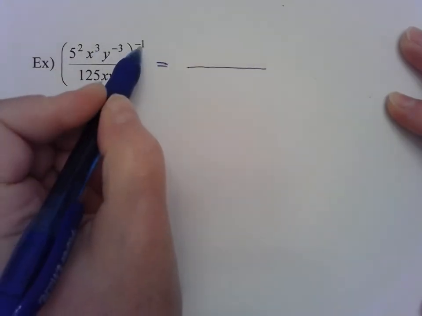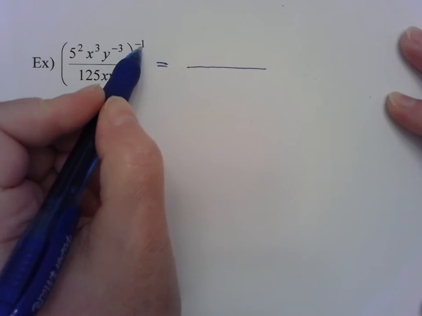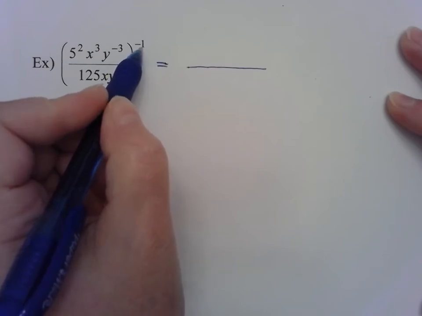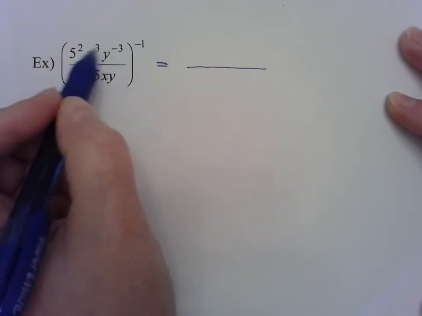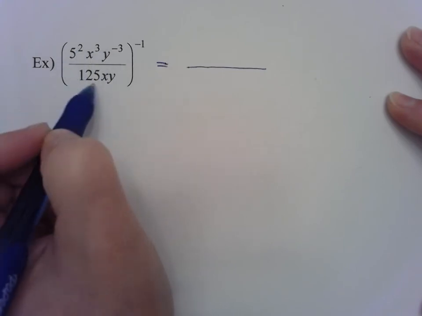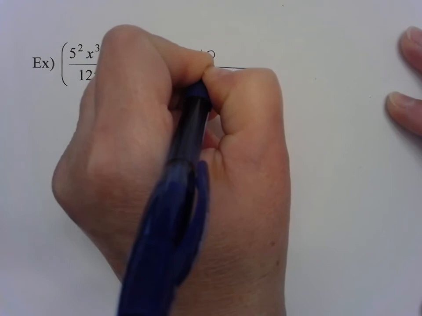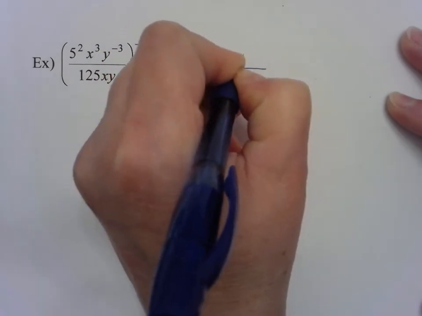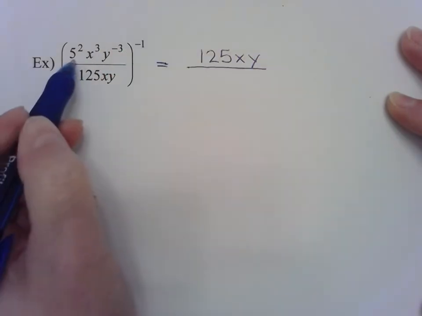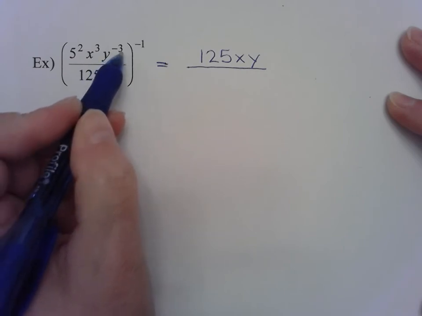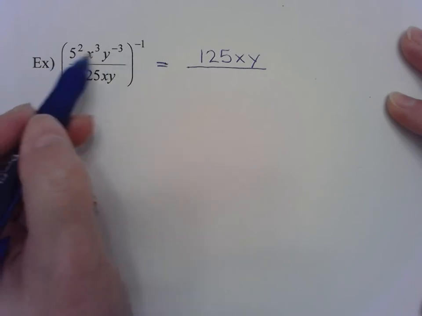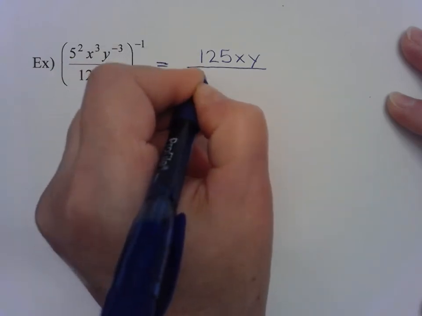If I flip it, and I do this exponent on the outside, this is the exponent that's going to become positive. So I don't need to change anything on the inside yet. So 125xy is exactly what comes to the top. And all of this stuff in the numerator, including this -3, stays the same, and it all goes down to the bottom.